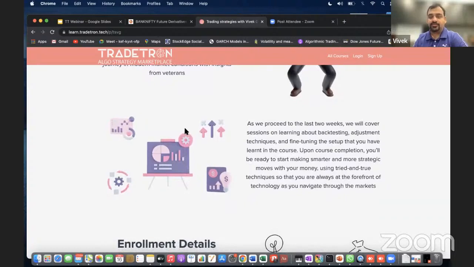And in the last 2 weeks, we'll also be covering back testing, and you can use these strategies not only to apply just these. You can always take these as an example of a framework and maybe build your own around it, or tweak this to make it your own. Or if you have your own thought process which you want to test on Tradetron, maybe take it live.